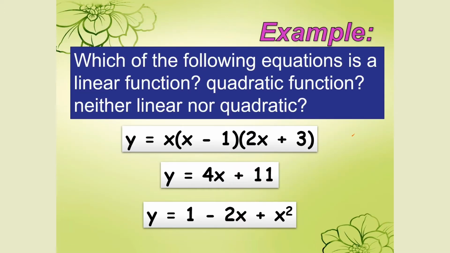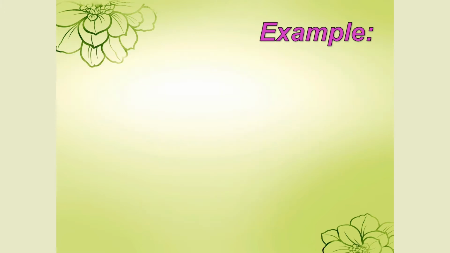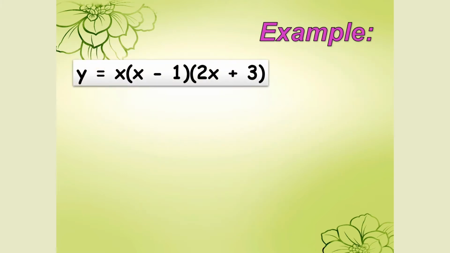Let's have an example. Which of the following equations is a linear function, quadratic function, or neither linear nor quadratic? Alright, so for the first function, y equals x times the quantity of x minus 1 times the quantity of 2x plus 3. First, we have to simplify this.